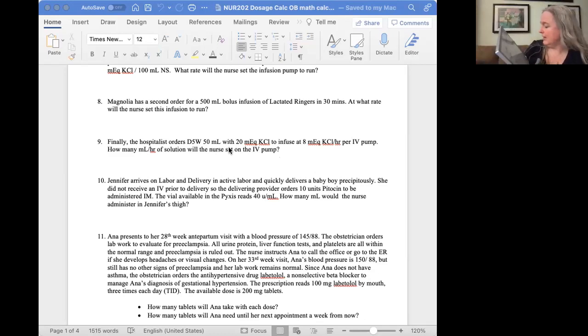So now if I divide that out, and I'm going to use my calculator, guys, and say we're going to do 8 divided by 20, and we get 0.4. Then I'm going to take 0.4 and multiply it by 50. So 0.4 times 50 equals 20. And so this is going to run at 20 milliliters per hour.